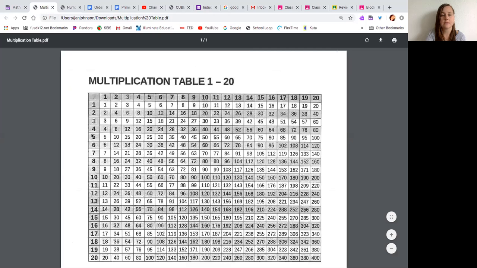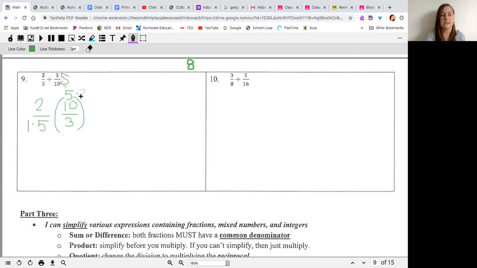If I go to 5, 2. 5 times 2 is 10. Cross off my 10. I can also eliminate the 5s.